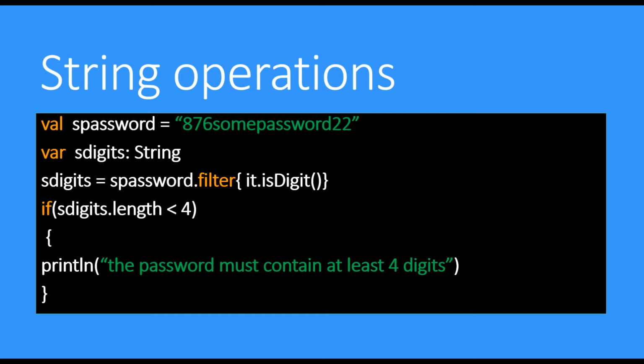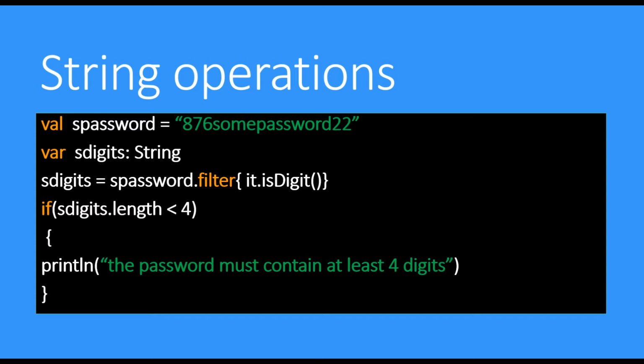Therefore the function filter will filter out all cases where isDigit returns false. When it returns true, which means that the character of the string is a digit, it will eventually be in the digits string.